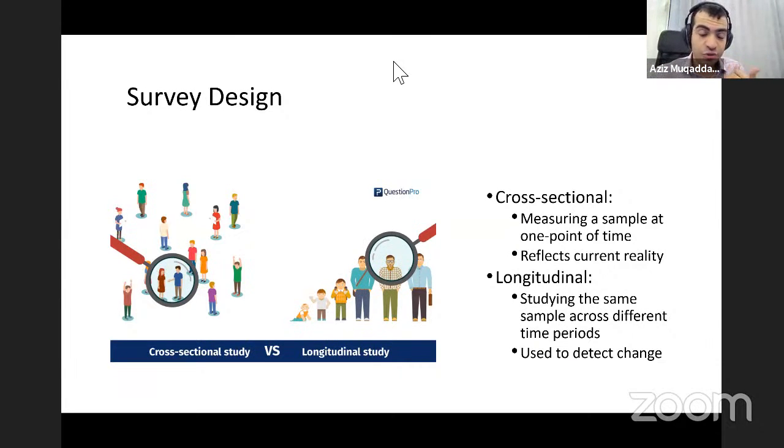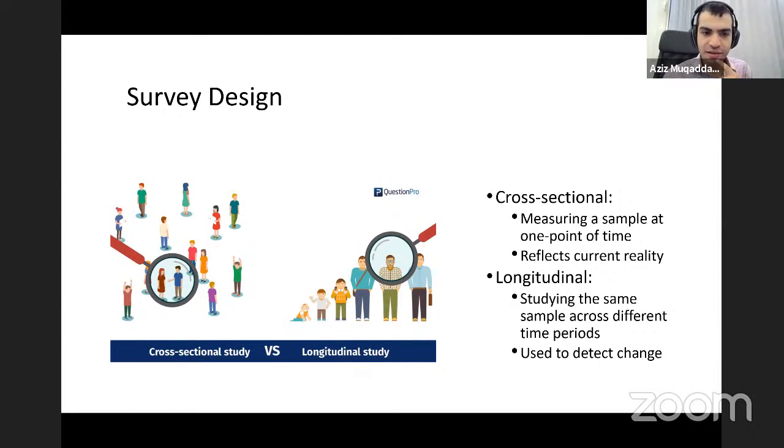Market research uses longitudinal surveys a lot, especially if you're launching a new product. You want to see the level of awareness first, then track how people are talking about it on social media, the product reviews, whether it's getting attention in popular media, and what the evaluation of that is. So at different stages we would do surveys about a specific product line or a brand.